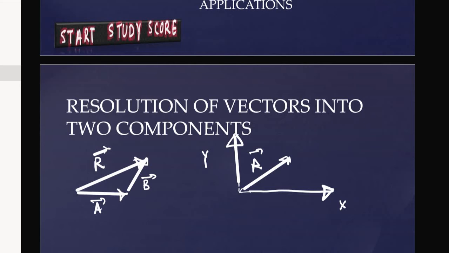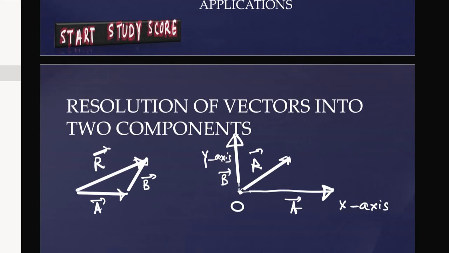So if the x-axis vector is a component of R vector, and the y-axis vector is also a component of R vector, then these three vectors start from one point, the origin, that is O, and the R vector can be divided into two parts, A and B. This will be called A vector and this will be called B vector. This can happen, isn't it?